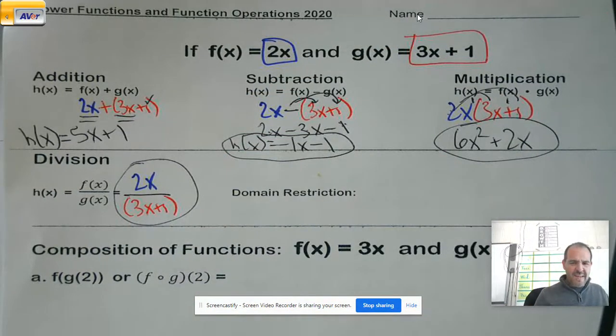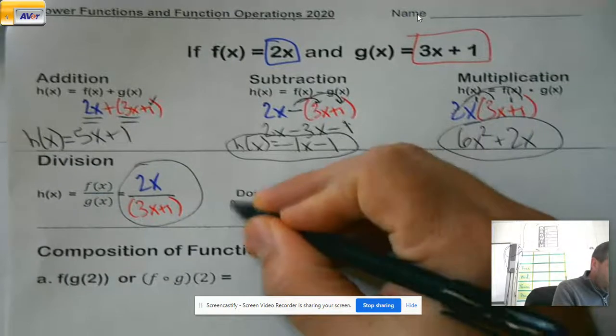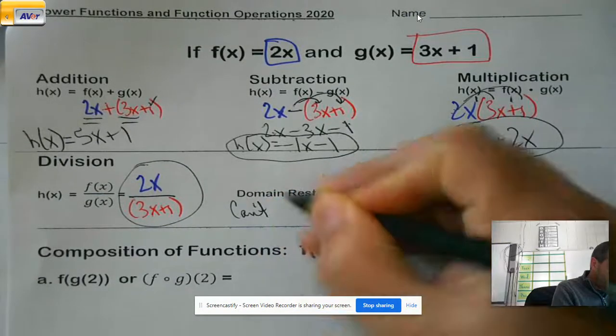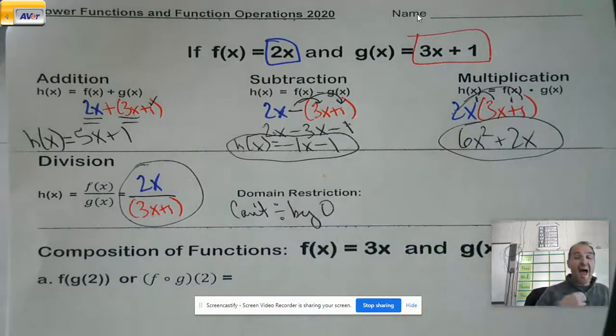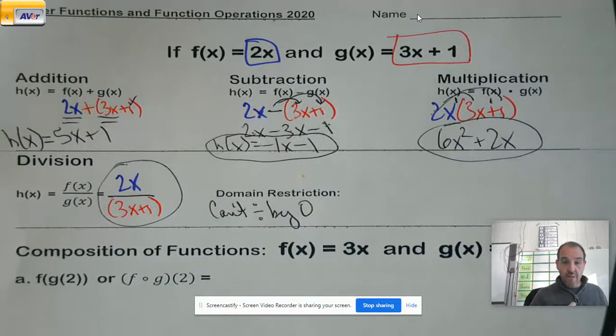But you're like, why does it say domain restriction? Okay? What's one thing we can't do when we're dividing? I'll give you a hint. What number can't we divide by? 0. You never can divide by 0. So I need to make sure, okay, that my denominator doesn't equal 0.